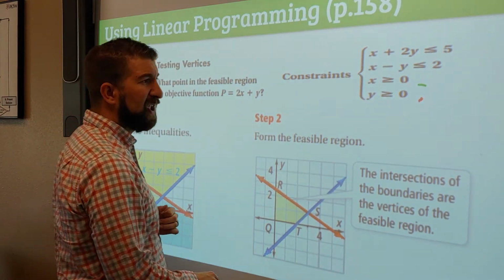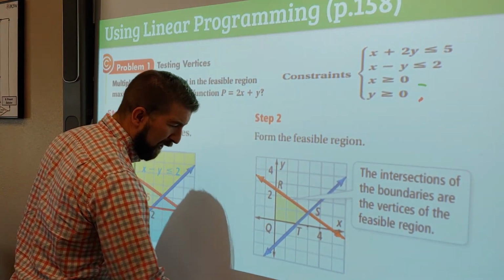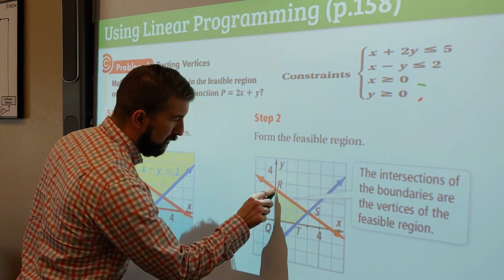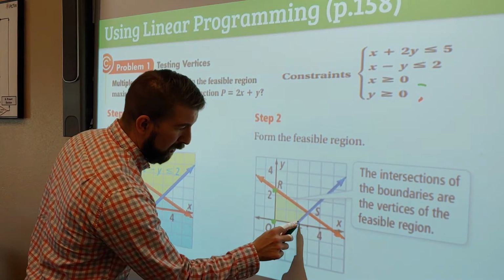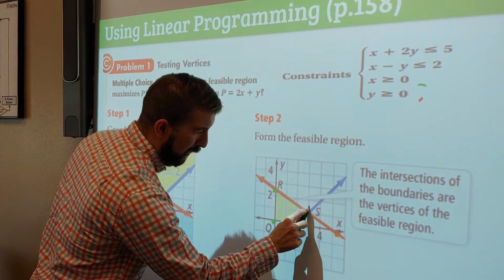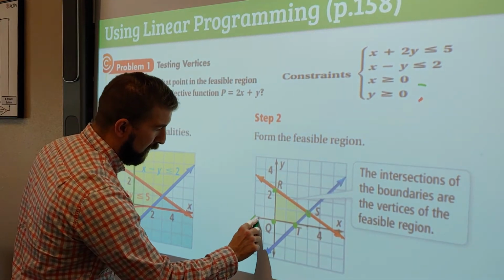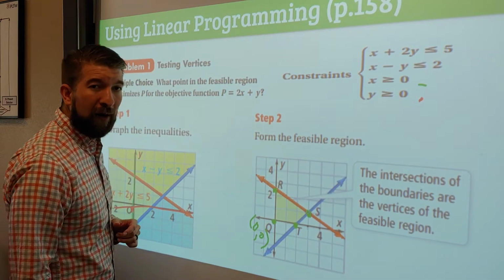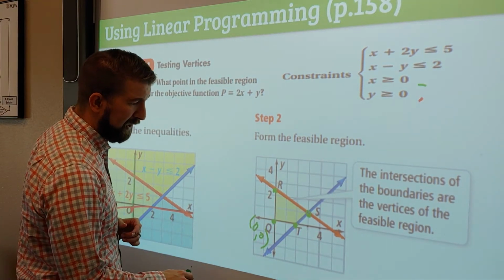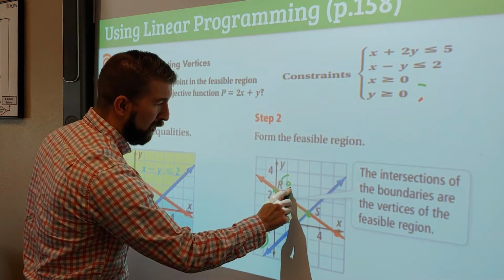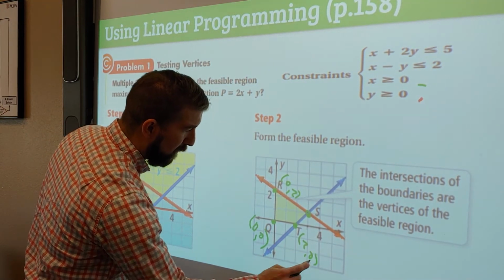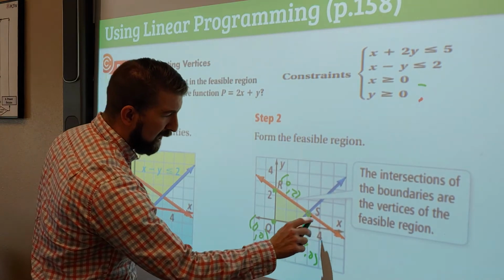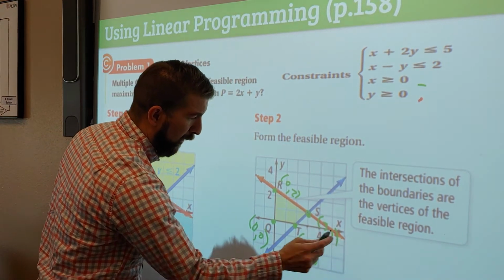So once we have the feasible region, you'll notice we have vertices right there, here, and here. So we have a vertice of this shape at 0, 0, at 0, 2, at 2, 0, and then this one is at 3, 1.